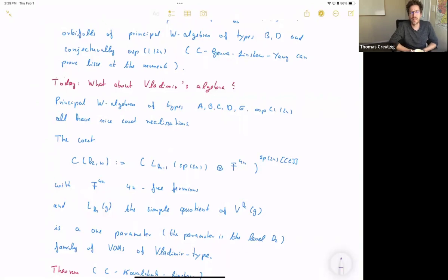So that means you have a diagonal action at level k minus 1 plus 1 at level k. And the invariant subalgebra, the coset, is something interesting.